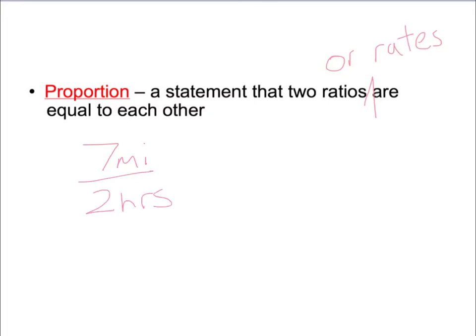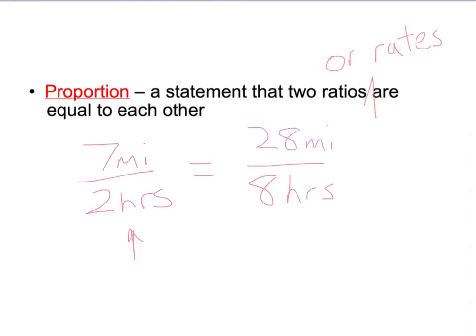This would be a rate. You can see here we have miles and hours, two very different units. And then a proportion to that, proportionally, we would say that if I hiked for 8 hours, I would travel 28 miles.